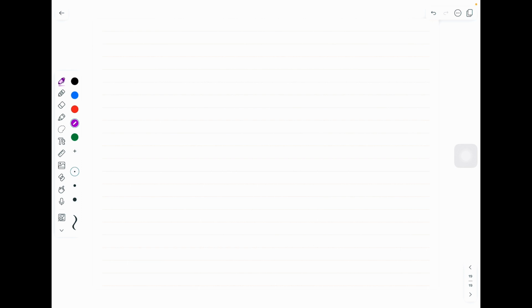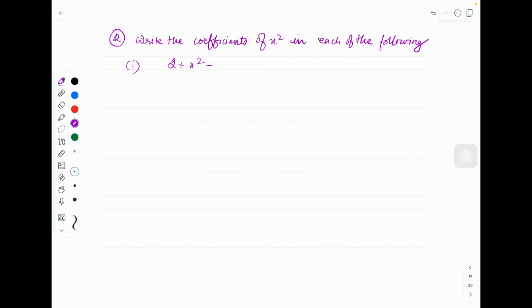Okay. Now second question. Second question is: write the coefficient of x square in each of the following. Okay. 2 plus x square plus x. See, it is not required, but I am writing it also. 2 into x to the power 0.